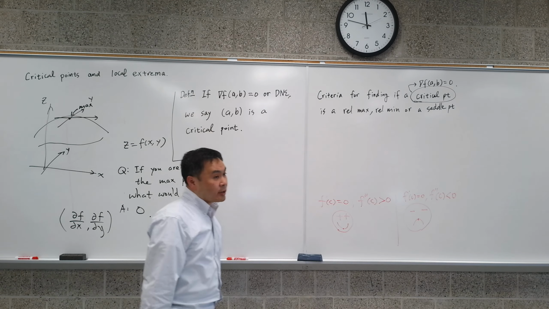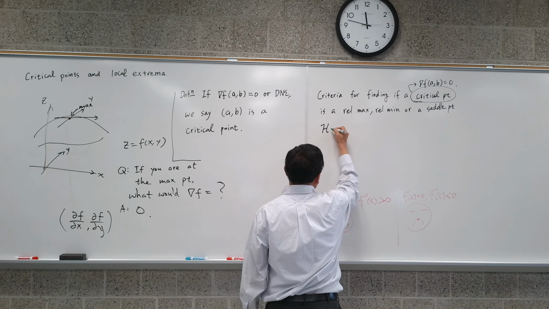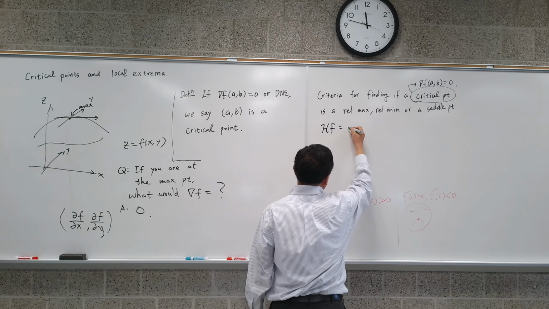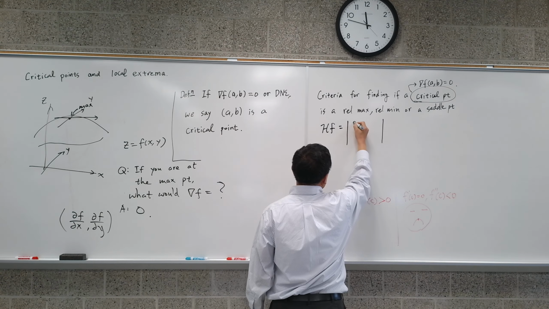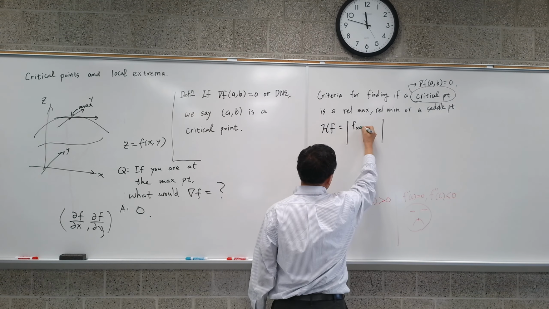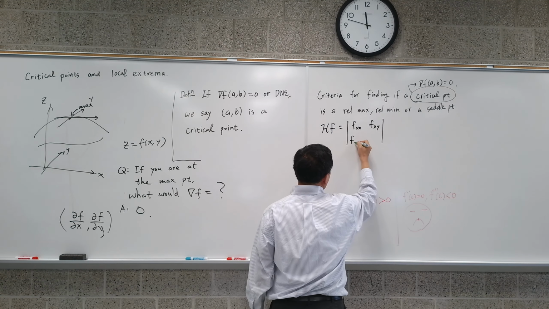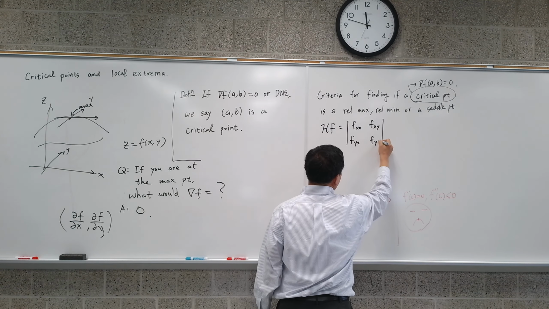And then over there we define the Hessian of f, which is like this: f xx, f xy, f yx, f yy.